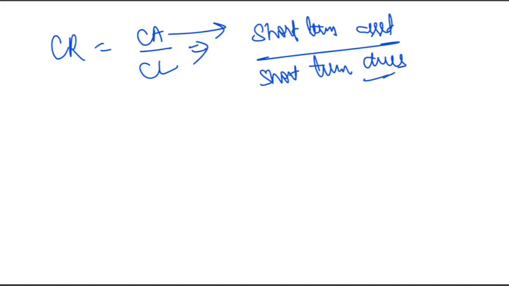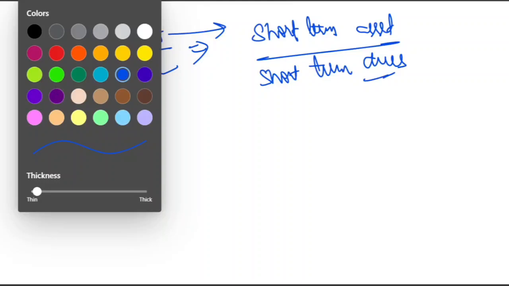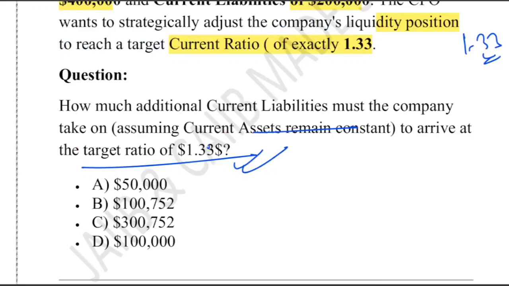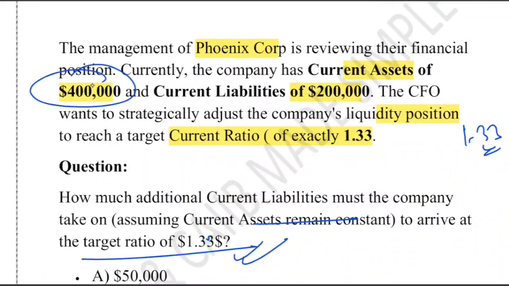Now let's write down the equation. How much is the asset? As you can see here, asset is $4 lakh. This $4 lakh is the current asset, and current liability is 2 lakh.